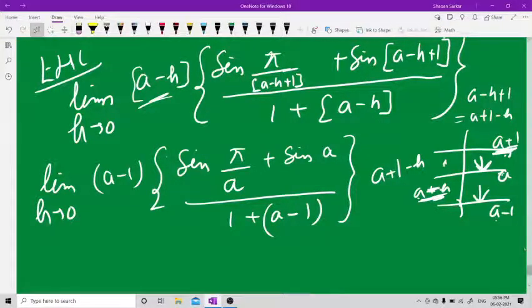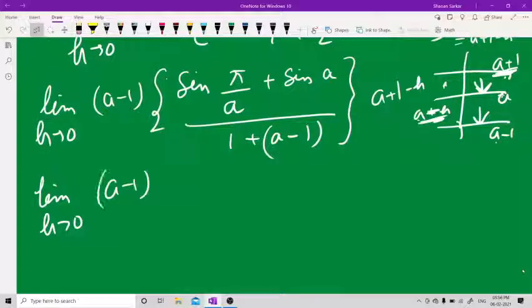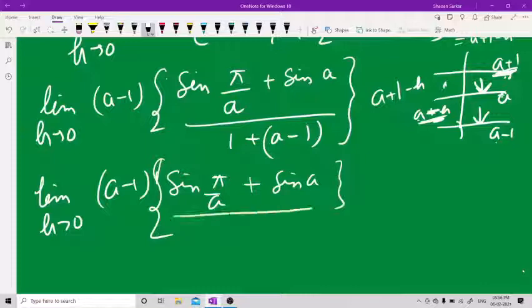Check here. Limit h tending to 0, a minus 1, a minus 1 sine pi by a upon, you can write this plus sine a upon a, because this one and this one will cancel out. So what you are left with, straight away answer.